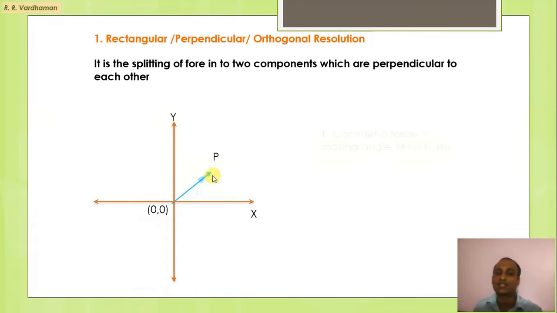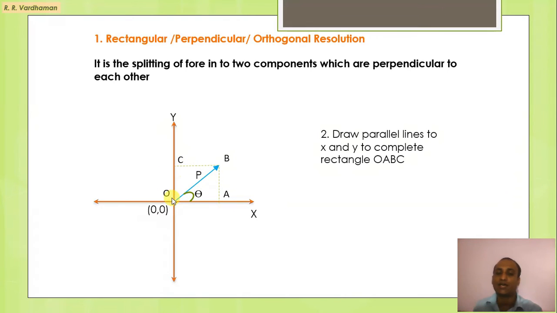So here let us consider force P making an angle of theta with respect to the x-axis. Now let us draw parallel lines to the x-axis as well as y-axis to form a rectangle OABC. Now here in this rectangle we have to consider the components of the force P, Px and Py, along x as well as y direction.